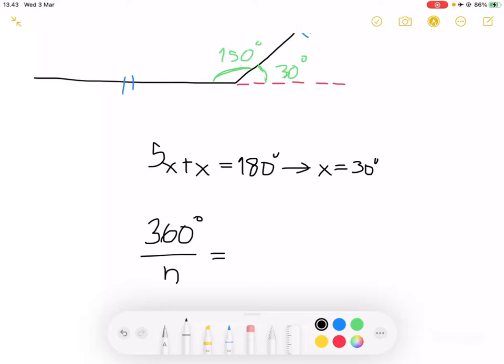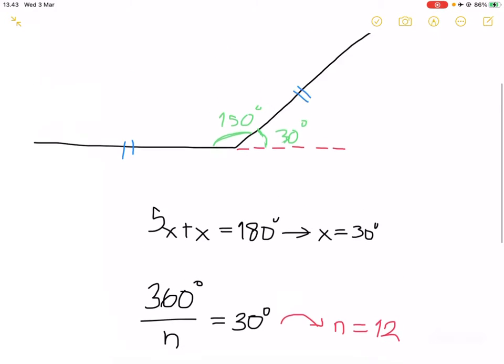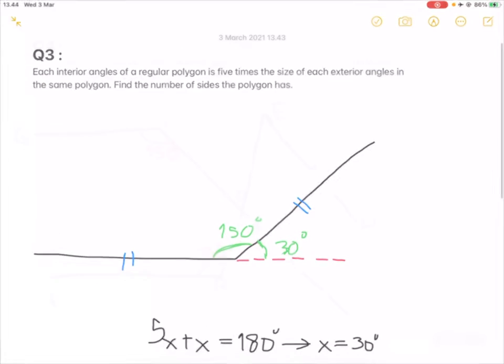And since we know that each exterior angle is equal to 30 degrees, and here n is the number of sides the polygon has, which is what we need to find, from here we can just say that n must be equal to 12. So that means the polygon has 12 sides. Alright, so that's the third question.